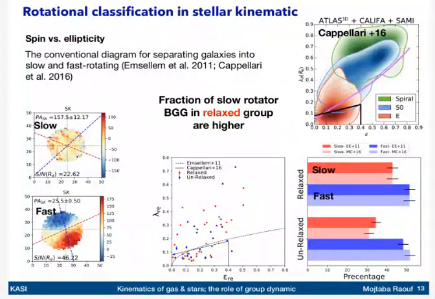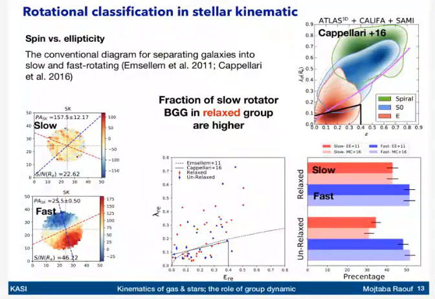So in the case of rotational classification in the stellar kinematics, we try to show the conventional diagram for dislocating galaxies into slow and fast rotating BGGs, following the study of Emsellem in 2012 and in 2016.